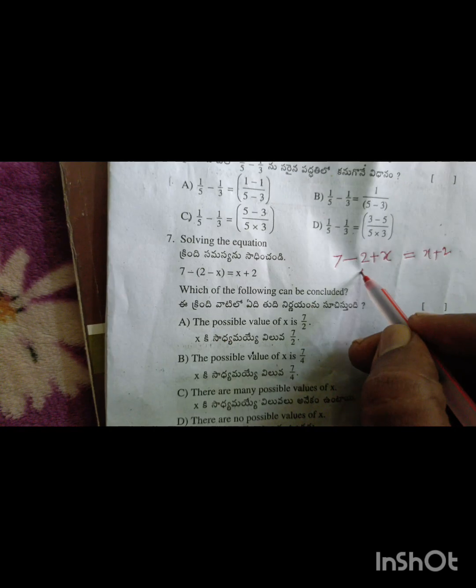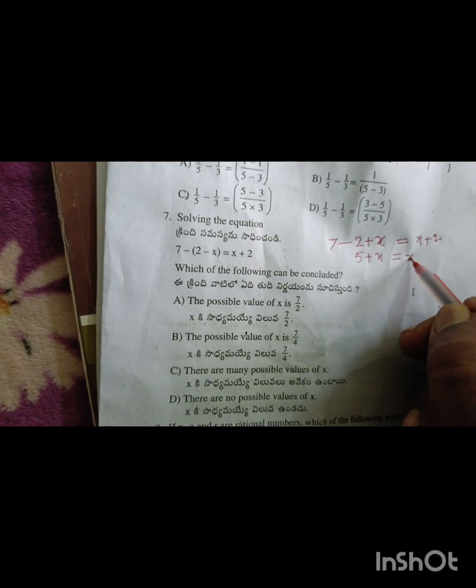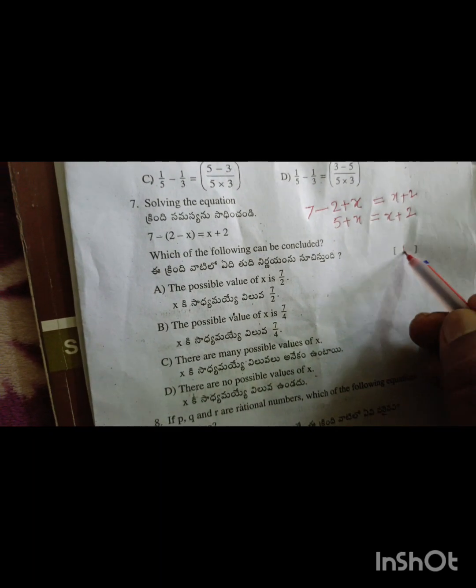This 7 minus 2 is 5, so 5 plus x is equal to x plus 2. For no value of x, 5 plus x is equal to x plus 2. So no value satisfies this. There are no possible values of x, that's correct. So option D we can go.